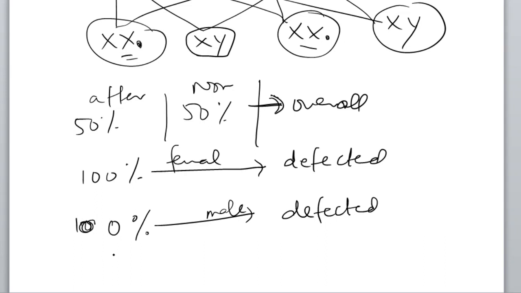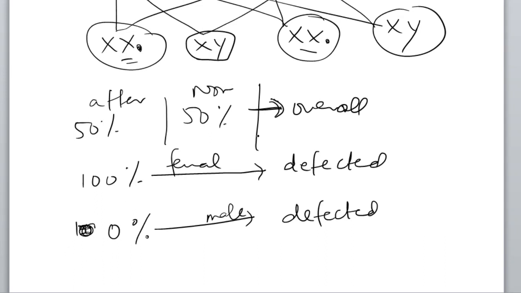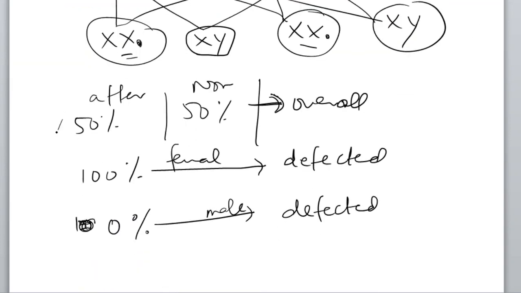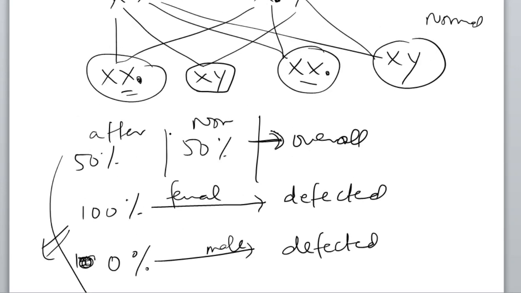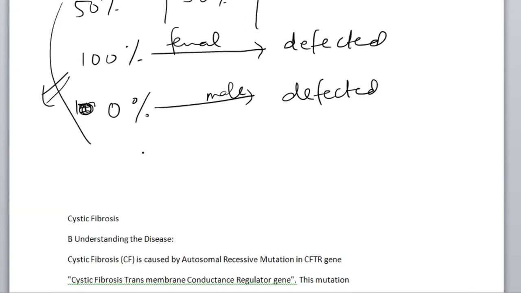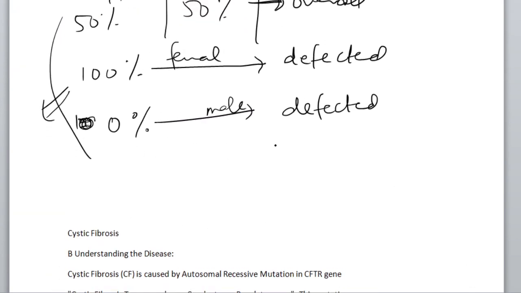Now what else? They can ask you the probability where the father is affected, and they will probably ask about these results. So you need to focus on the last line of the question, what they are asking about. Now let's read it out. Why are the males not affected?